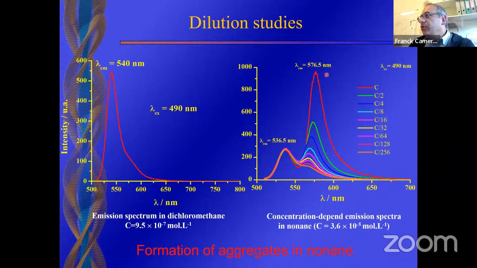And you have a new emission at higher wavelengths, so around 580 nanometers. So you see here, as soon as the molecule aggregates, you have a new emission.